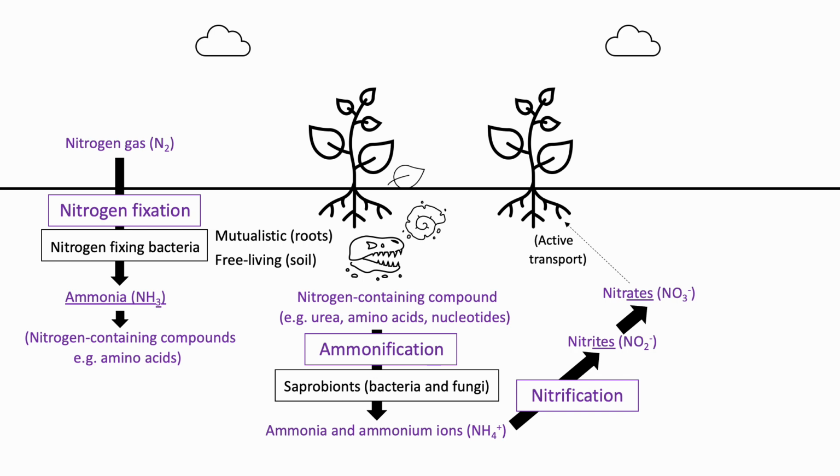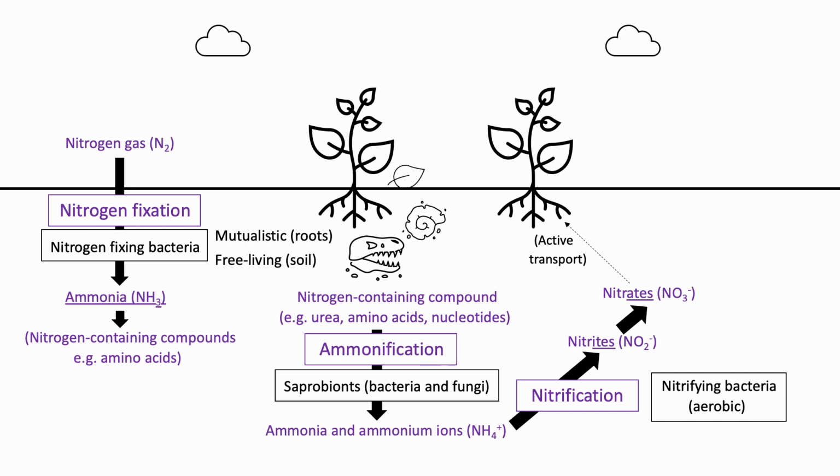So they will be absorbed by active transport by the roots of plants, and these nitrates can be limiting to plant growth, so they're absolutely essential to be present in the soil for plant growth. This process is carried out by nitrifying bacteria. So it's nitrifying bacteria carrying out nitrification, which is the conversion of ammonia or ammonium ions into nitrites and then oxidized into nitrates.